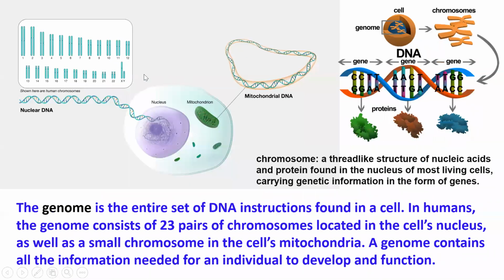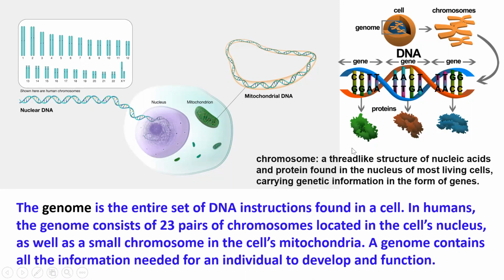So here's another picture of it. The genome. Now we talk about the genome. The genome is an entire set of DNA instructions found in a cell. Okay, so this is the cell. And in humans, the genome consists of 23 pairs of chromosomes.